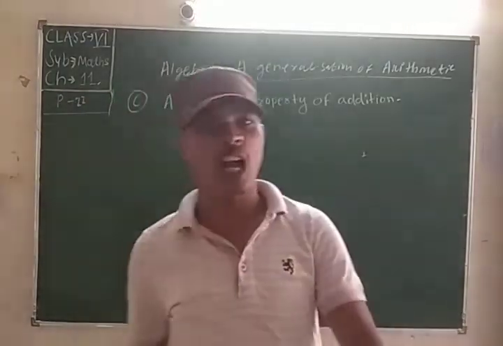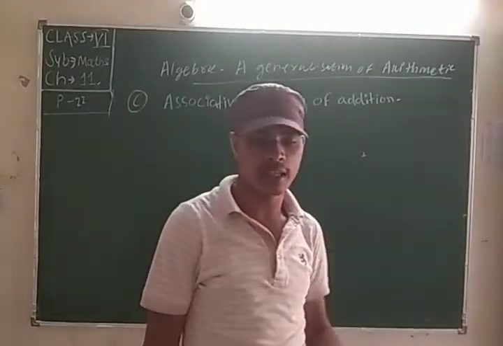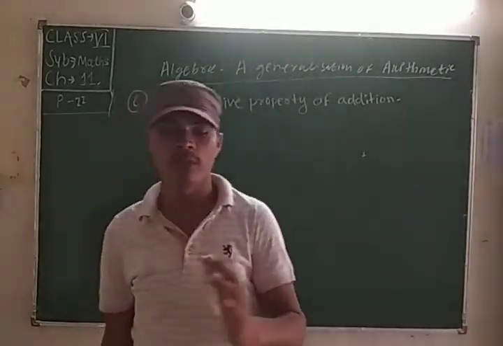In a commutative property, how many numbers are there? Two numbers. But in an associative property, three numbers are there, and we can add in any order. Their sum will always be the same.